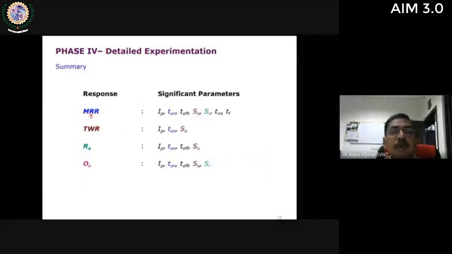And the responses were material removal rate, tool wear rate, surface finish, that is surface average roughness, and overcut. And the parameters which are significant are listed here for MRR, for tool wear rate, and respectively for Ra and overcut.